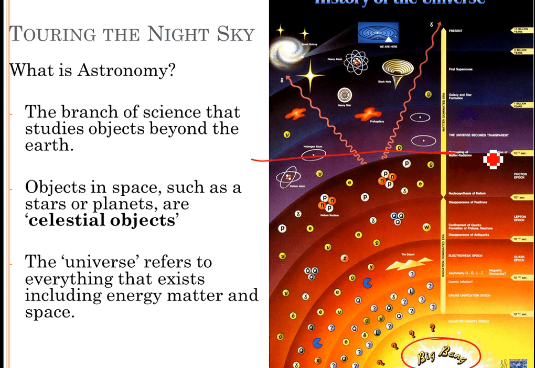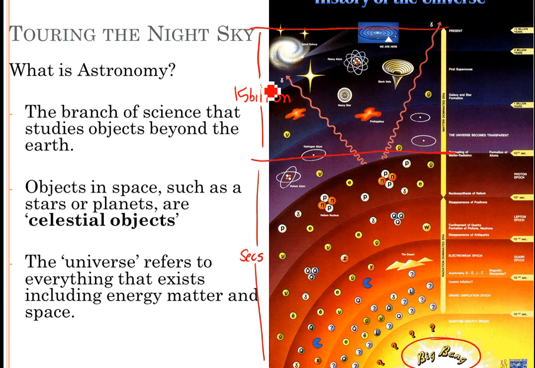And then everything else took like a million years, billion years, so 1 billion years, 5 billion years, and then 15 billion years to get to here. So basically everything from here to here and in between was a couple of seconds, and then everything from here to here, we're looking at 15 billion years. So that's kind of the time scale that we're looking at when we talk about what is happening to the universe.